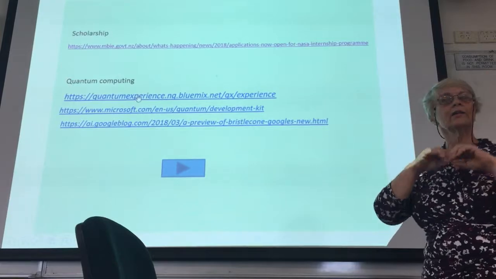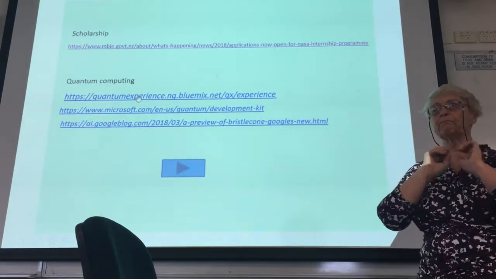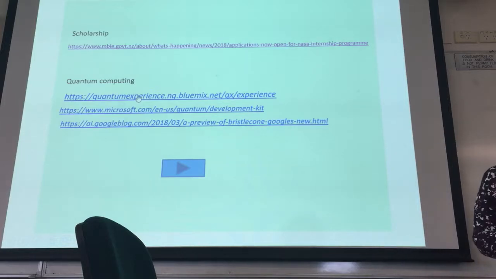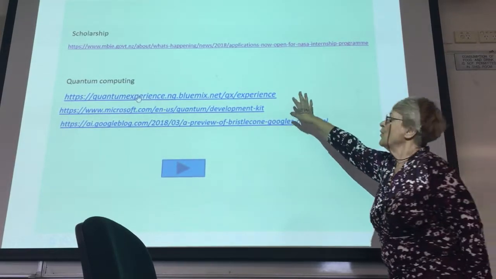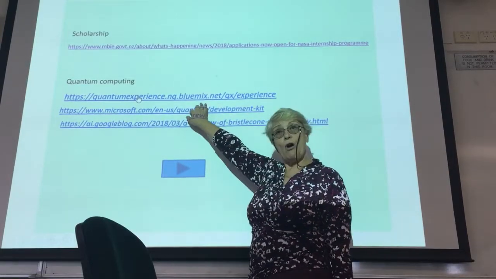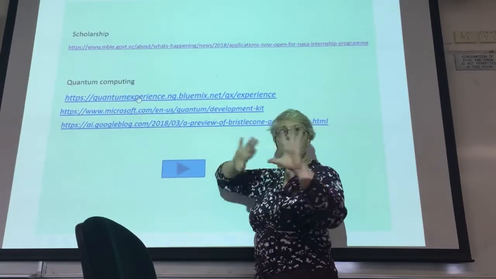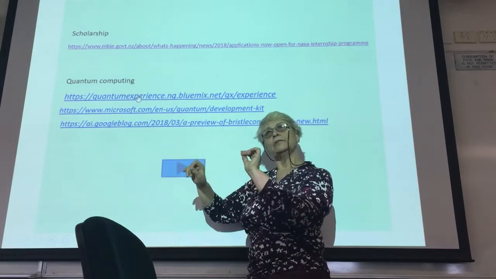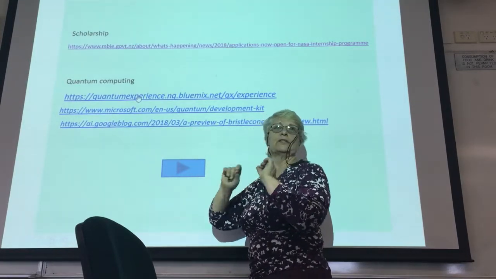You can learn in your own time and practice with quantum computing. You have to spend some time. IBM is more for researchers, but with Microsoft, all are free of charge. You can make an account with them, and then you have access.